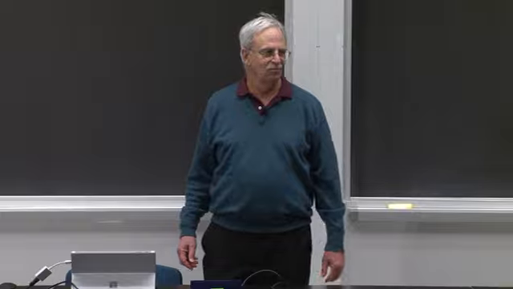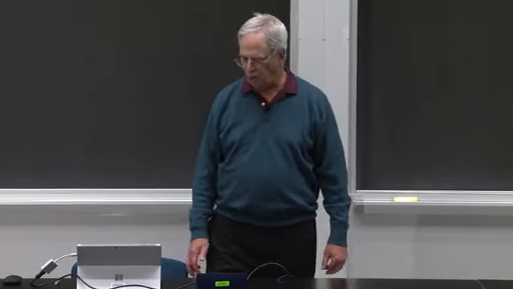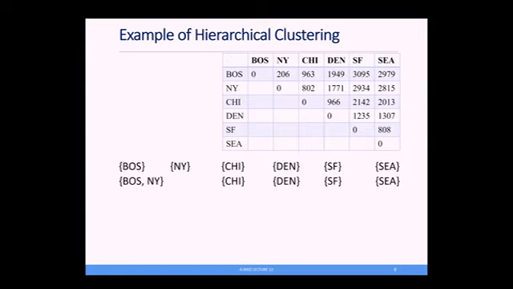Yeah? I'm going to join Boston and New York, as improbable as that sounds. All right, so that's the next level. And if for some reason I only wanted to have 5 clusters, well, I could stop here. Next, what happens? Well, I look at it, I say, well, I'll join up Chicago with Boston and New York.